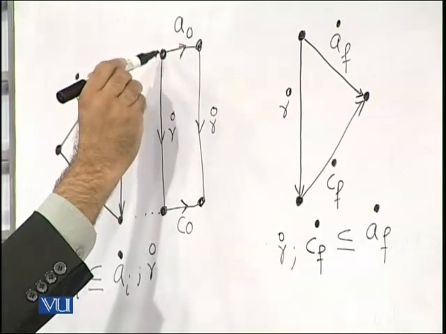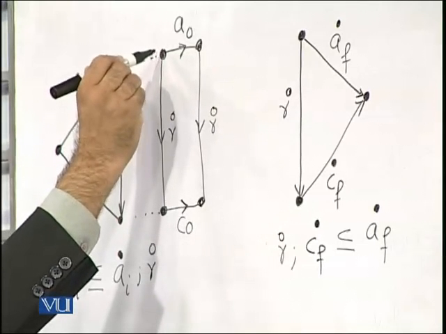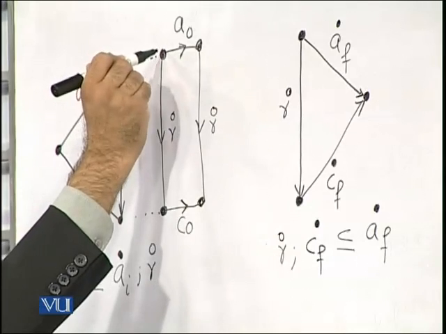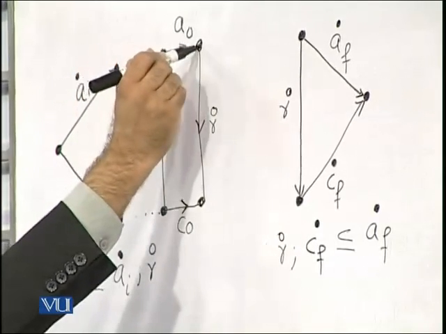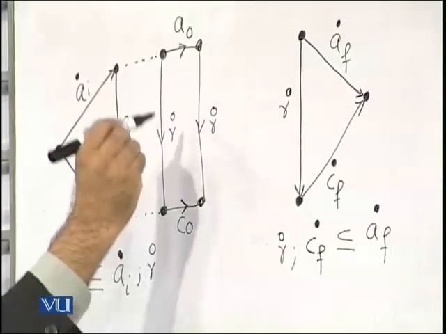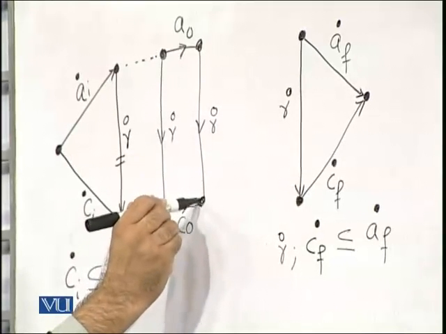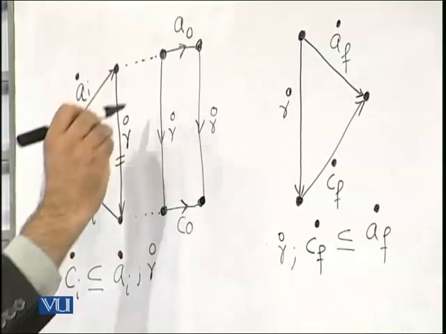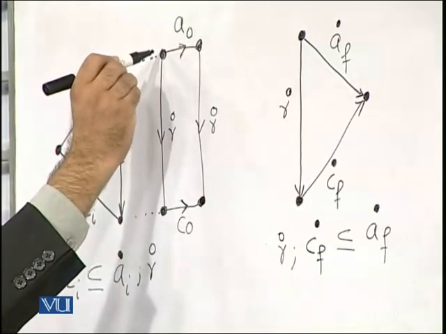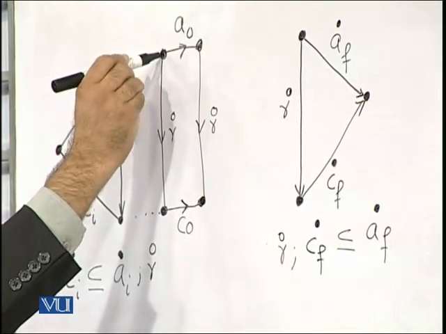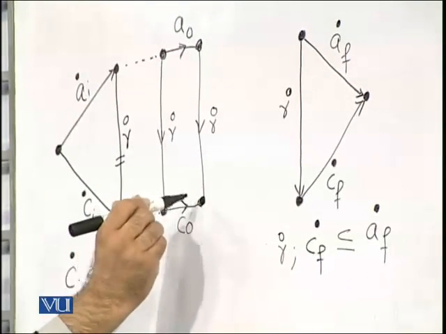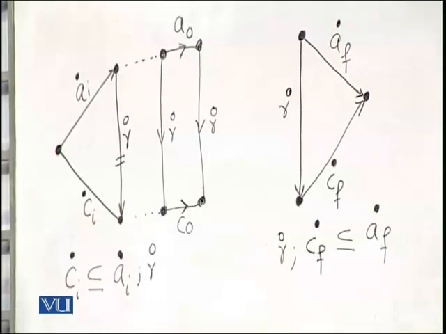And the point is that if I apply A naught from this point, and I go to this point, and then I apply R naught, I should be at this point. Similarly, if I applied R naught and then C naught, I should be at this point.